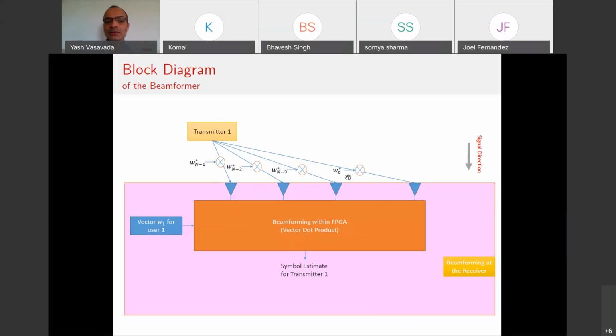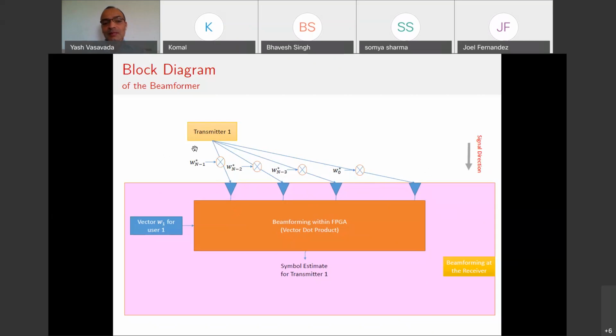It is this vector which actually determines the characteristic of the output of the array. And this characteristic output is completely determined by the angle of arrival of this particular transmitter, theta naught.